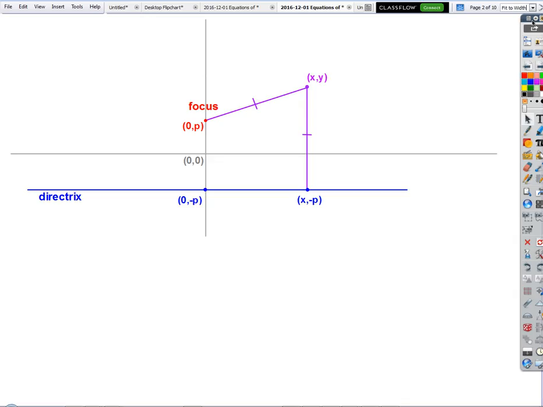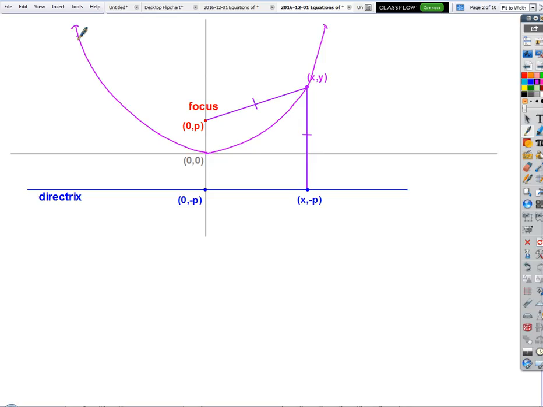So here's our parabola. If I drew it on here, there's the focus and there's the directrix. So it's going to be this set of points that are equidistant from both. So kind of like that, basically, right? There's our parabola.